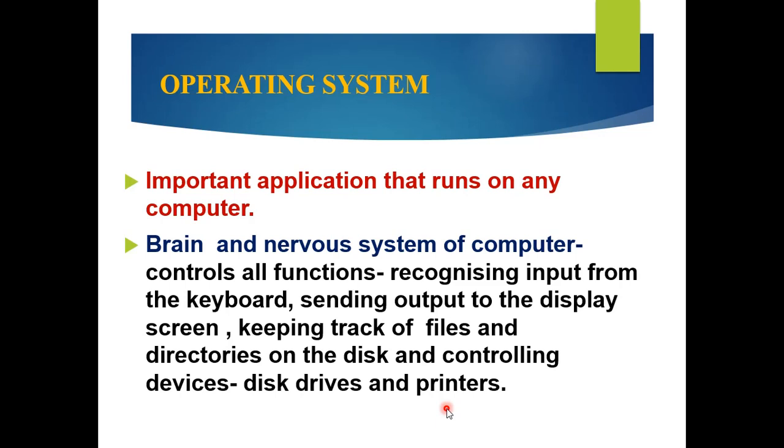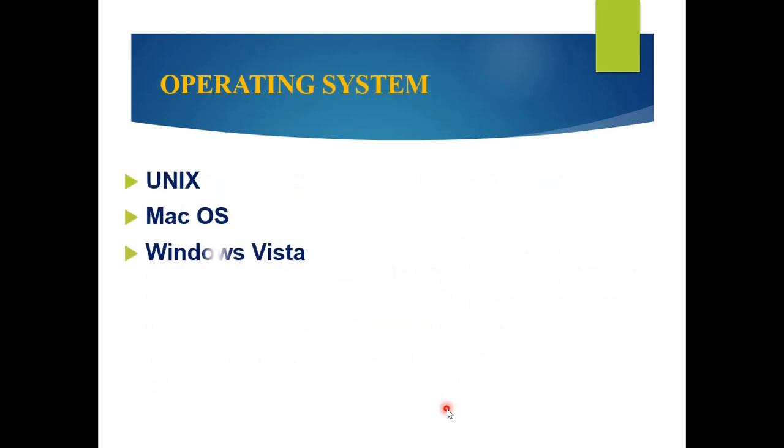So operating system is called the brain and nervous system of computer because it controls all functions in the computer. Now here you can see some of the operating systems which we use in computer systems.